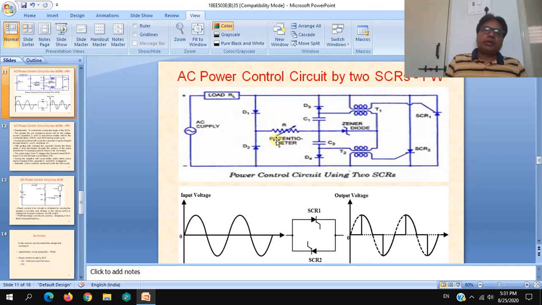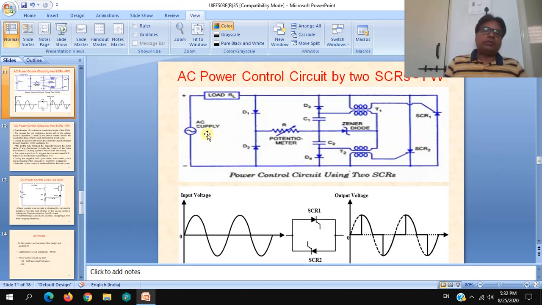If this potentiometer is set to its maximum, the total voltage will be dropped across the potentiometer and the diodes, and the capacitor will take a very long time, or you can simply say that the capacitor cannot get its charging voltage, it cannot give any triggering pulse to the SCR, and it cannot conduct.